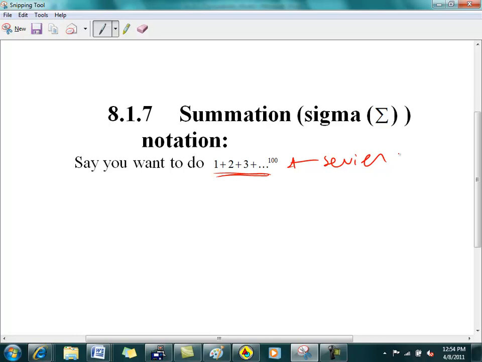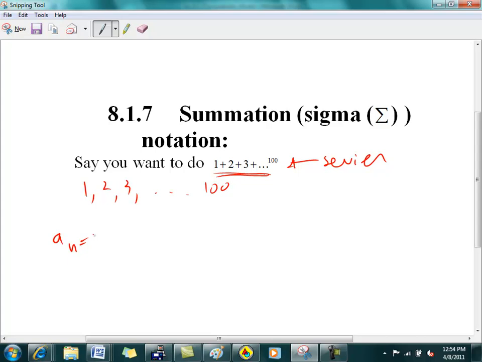It's some pattern. So you know that the sequence is made up of 1, 2, 3, and so on, all the way up to 100. So can someone give me the formula for a sub n? Remember, a sub n just means the nth number in that sequence. What do you think it's going to be? In functional form.